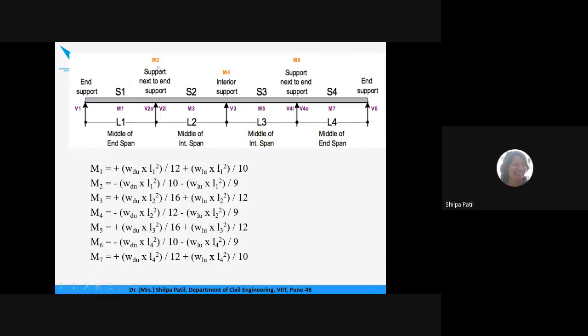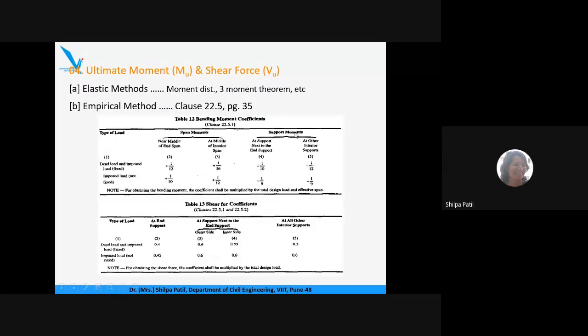Now what is the coefficient for the support next to the end support? If I go here, for the support moment at the support next to the end support, my coefficients are minus L by 10 and minus L by 9. So this will be minus WD into L square by 10 and minus WL into L square by 9.